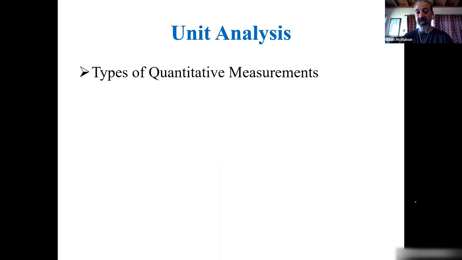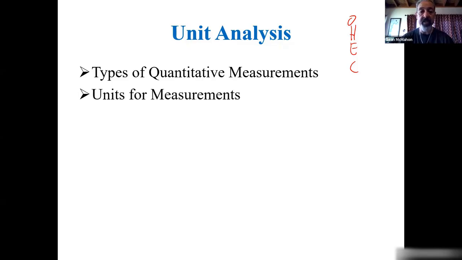And again, the focus, when we talked about OHEC, the scientific method, OHEC standing, if you guys remember, for observation, hypothesis, experiments, and conclusions. In our experiments, we collect data, and typically it's quantitative measurements. So we'll talk about the different types, their units. We'll have to review the metric prefixes because typically in science, we're going to use the metric system.